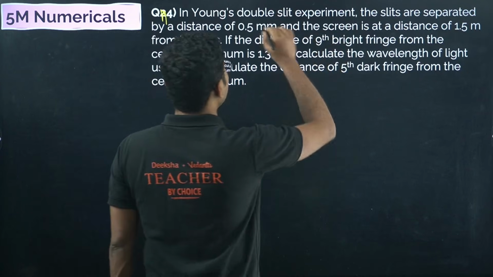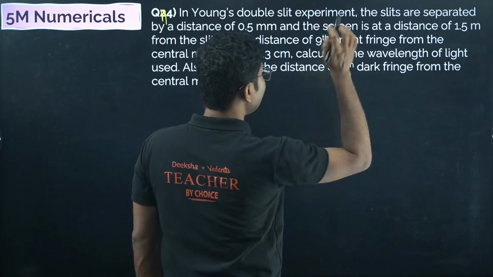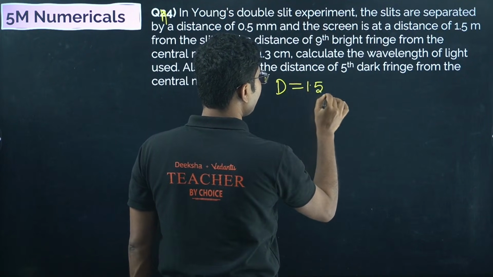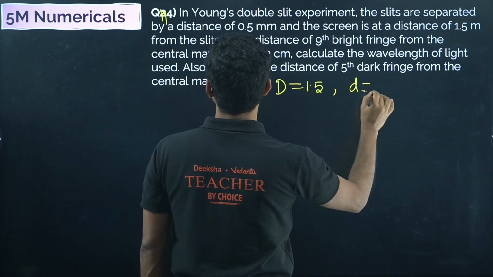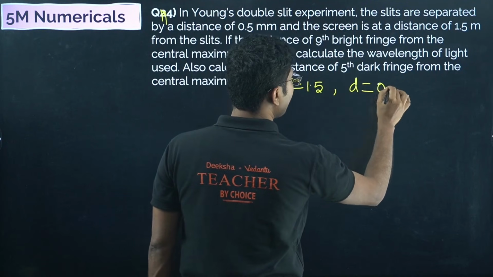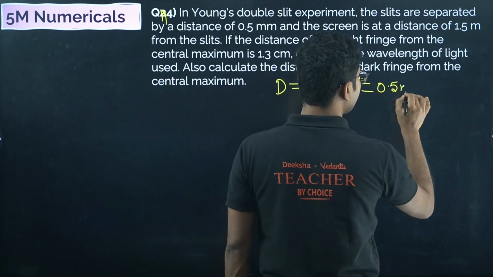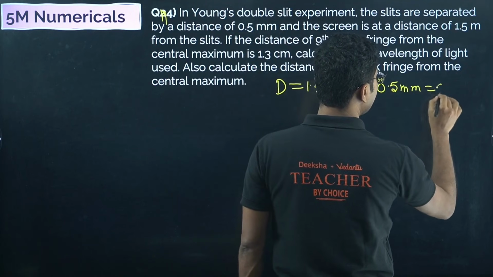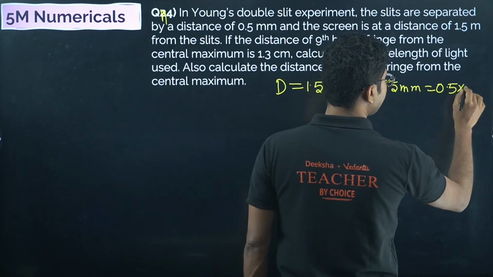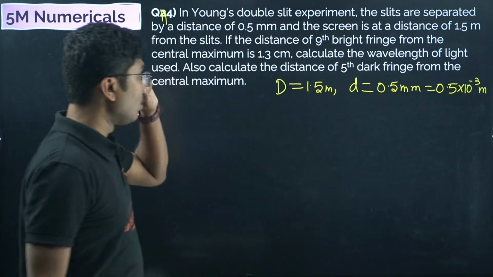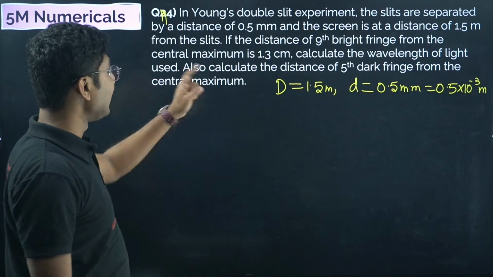So what are all the things given? The distance of the screen, that is capital D, is given as 1.5 meter. The distance between the slits is given as 0.5 millimeter. We have to convert it into meter. All the units must be converted into meter, so that means 10 to the power of minus 3 meters. What about the 9th bright fringe?